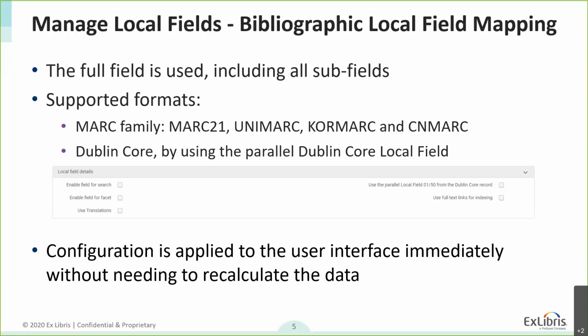There's no need to recalculate the data in order to see it in the user interface. The minute you configure it, add it to the view, save it, and apply it, you can see it in the front end. The reason you can see it immediately is since we are indexing all the local fields in advance. So this way you don't need to do any action after.